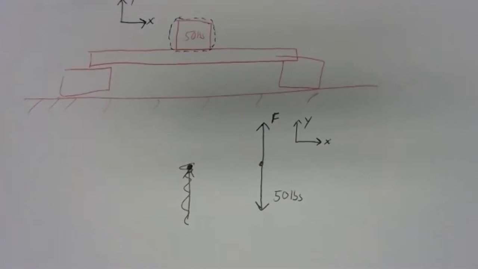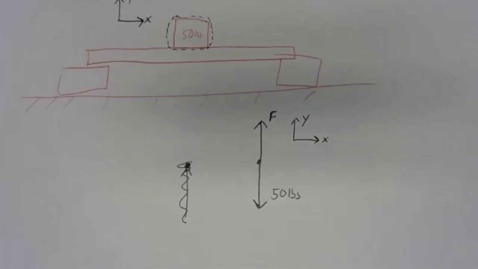Always helps to label the things you know. Don't get too involved in saying, well, I'm going to label that W, and then I'm going to define W as 50 pounds and do all that. Just label it right in the drawing. It'll make it a lot easier that way. So there's our free body diagram of that box. We shrunk the box down to a single point so that we can just look at its center of gravity.